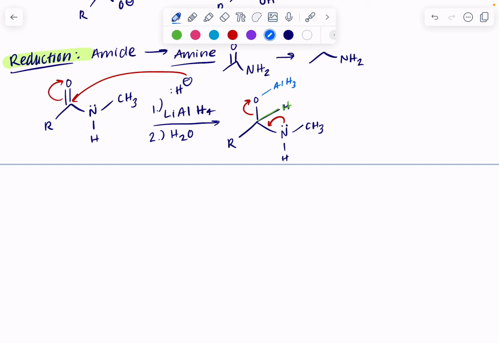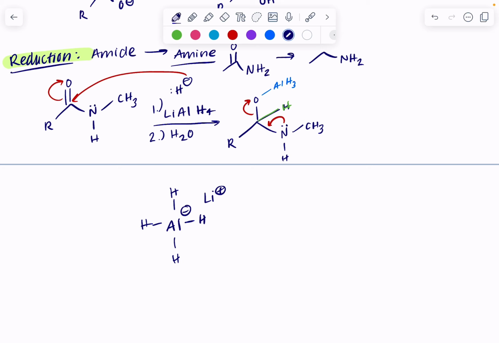And so when we kick the oxygen off, that's good. But just remember that lithium aluminum hydride is a reducing agent. That's the main thing. If you look at lithium aluminum hydride, it's really an aluminum with 4 bonds to hydrogen, which has a negative charge, and a lithium counter ion.